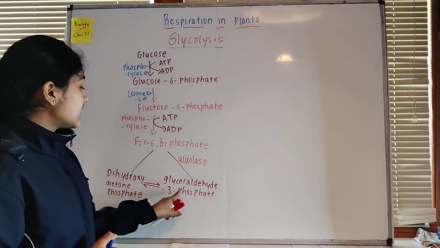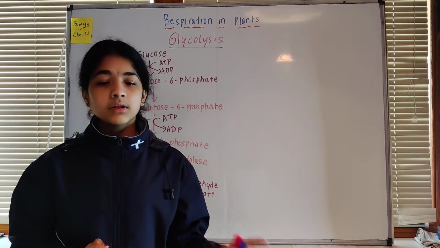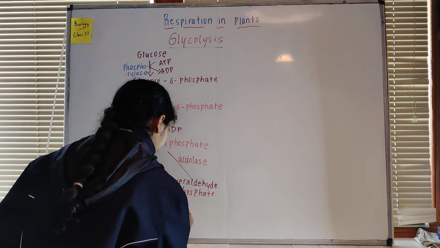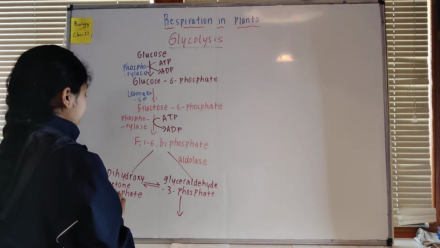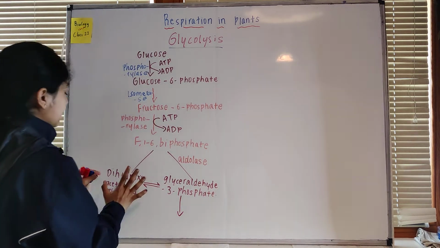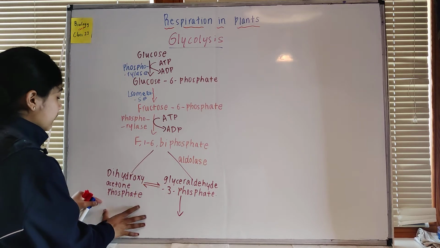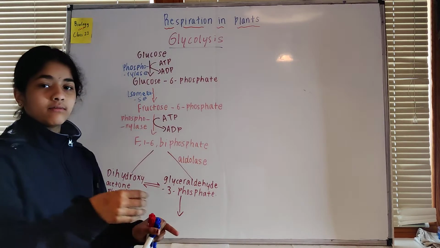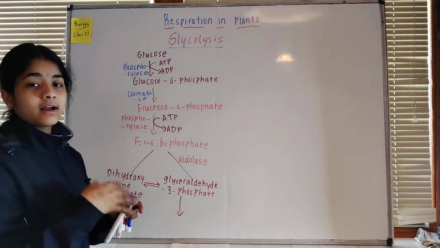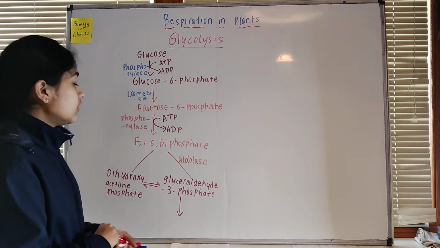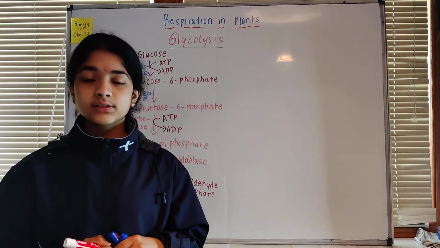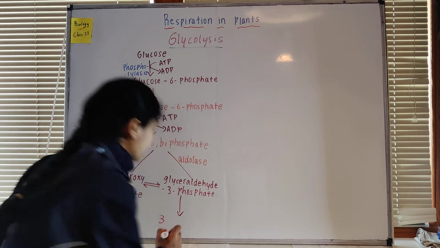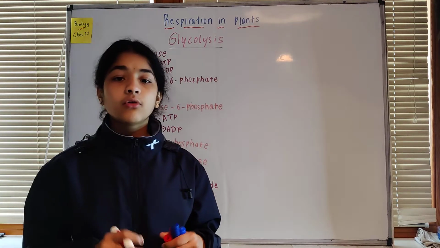Now for this moment we'll ignore the dihydroxyacetone phosphate and focus on glyceraldehyde 3-phosphate, and then we will take the other one as well while counting the ATPs. So the glyceraldehyde 3-phosphate changes into 3-biphosphoglycerate.